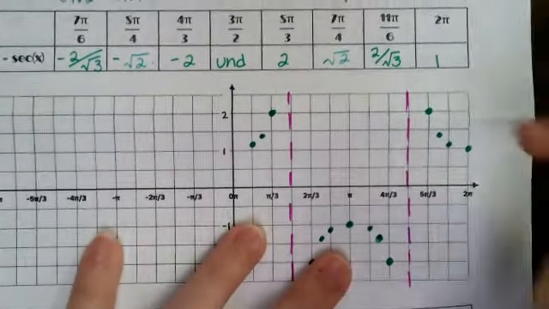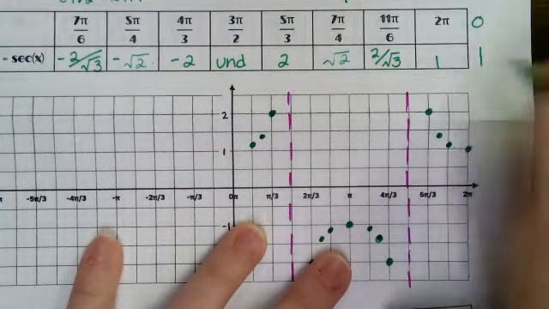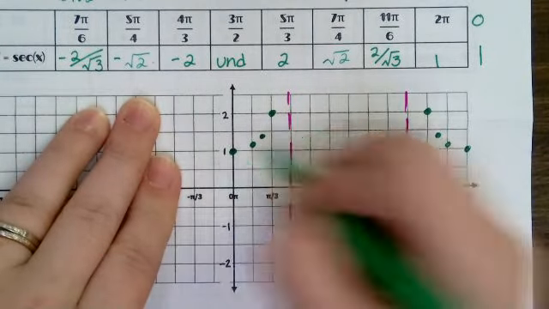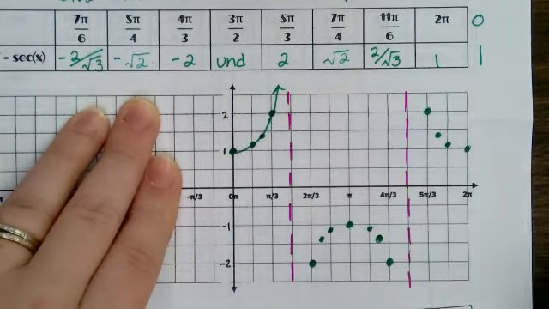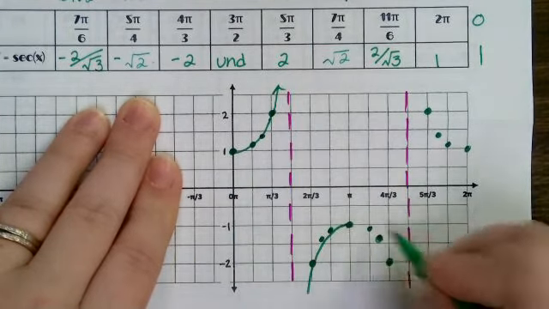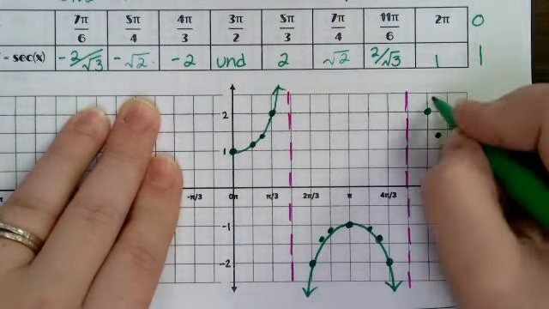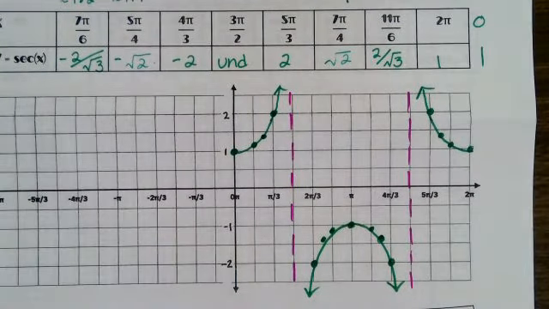Now, another one, again, is if I had looked at what's going on at 0, the output on that should have been a 1. And so I can look back here and see where that would have been, right? So you kind of get this curved upward behavior there. We get this one here where it curves both sides down. And then we have this one here that curves that way.